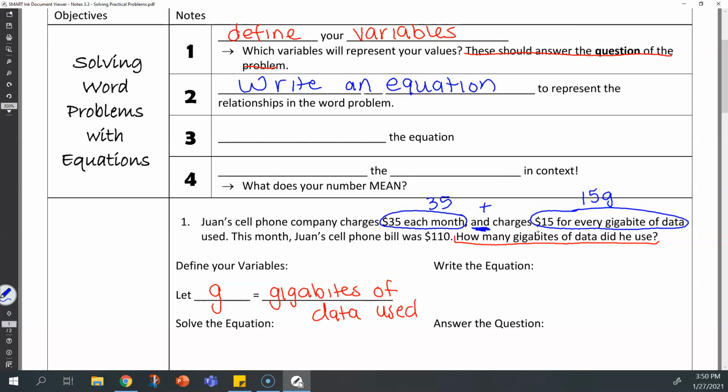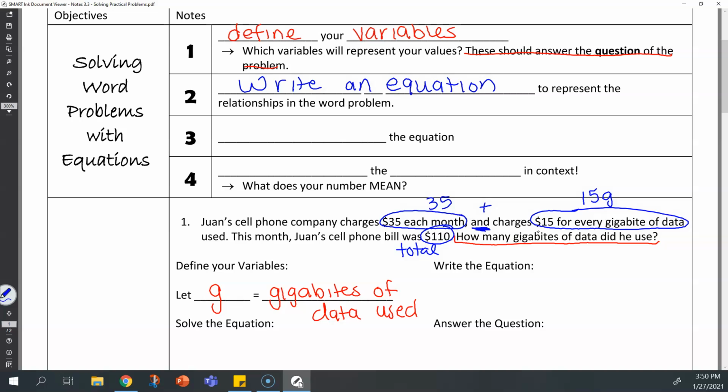Okay. This month, Juan's cell phone bill was $110. Now, 110 is a special value here because it is our total. In most of the problems you're given, you are going to have a total given to you. And your total, when you write your equation, should be all by itself on one side. Okay?